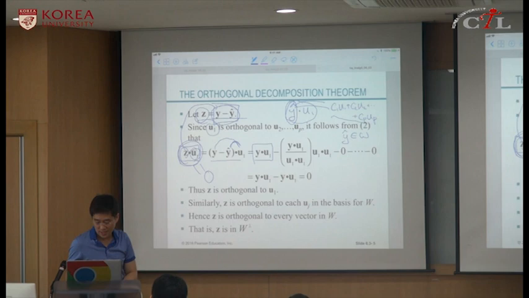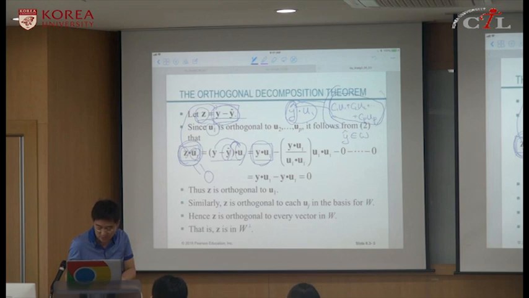In general, any vector from W can be represented as this linear combination. And what about the y hat and u1?